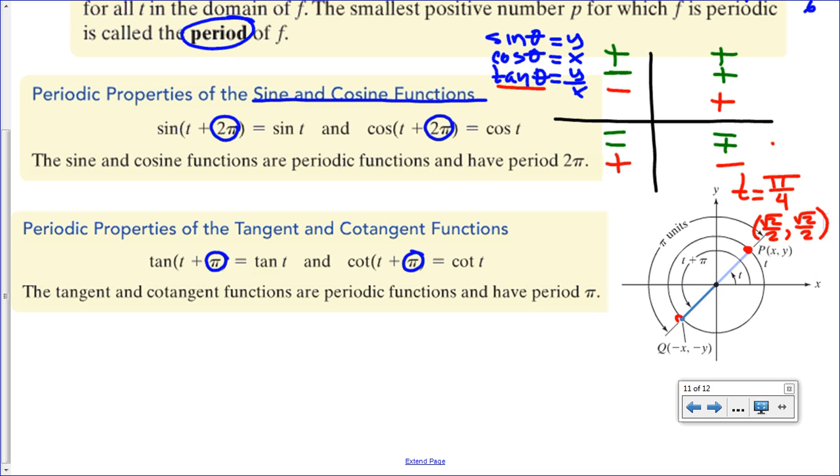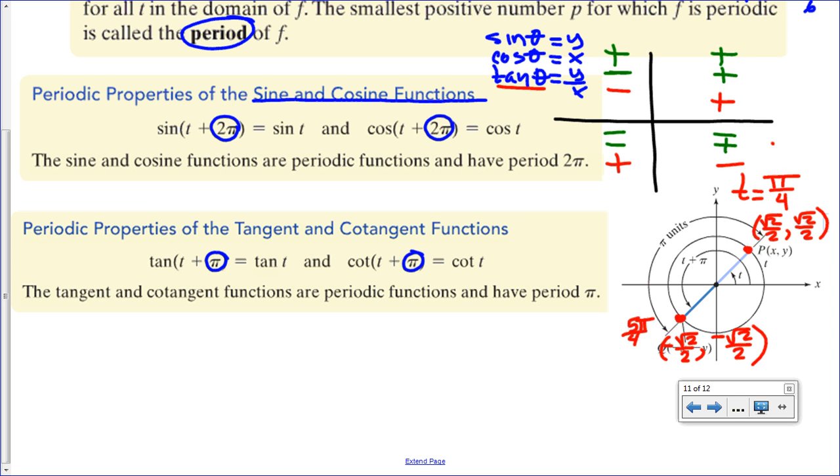What will those coordinates be over here for that same angle? It will be pi plus pi over 4, so that is 5 pi over 4. So at that angle, the coordinates will be negative square root 2 over 2 and negative square root 2 over 2.